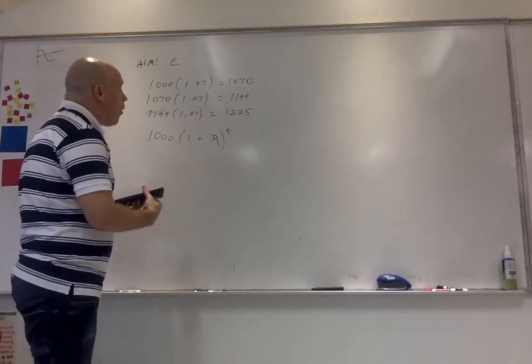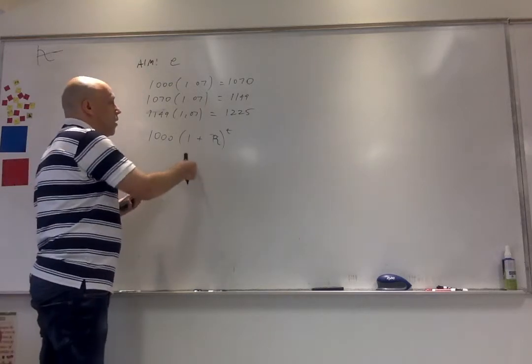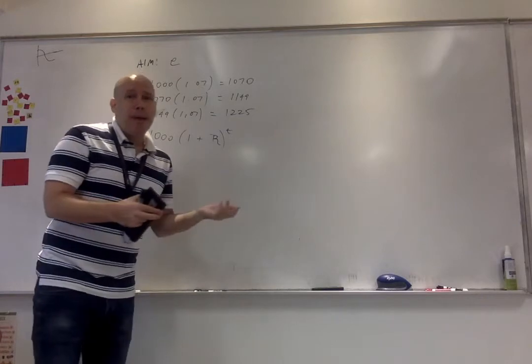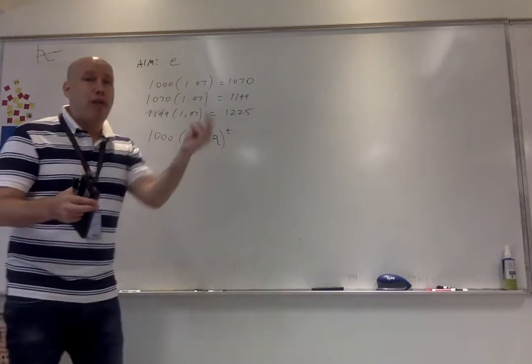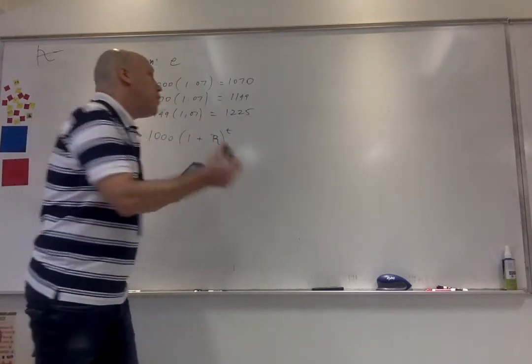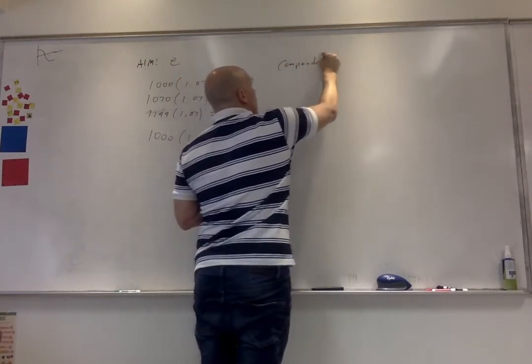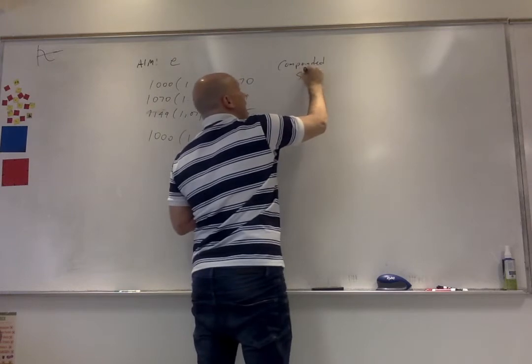For example, if I compounded this once a year at 7%, maybe I can compound it twice a year at 3.5%. So it can be compounded, for example, semi-annually.